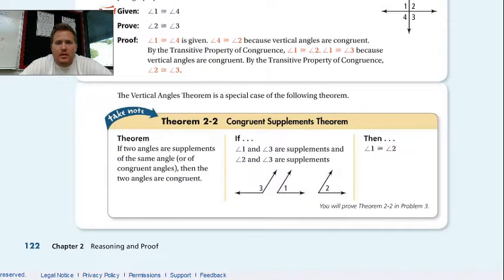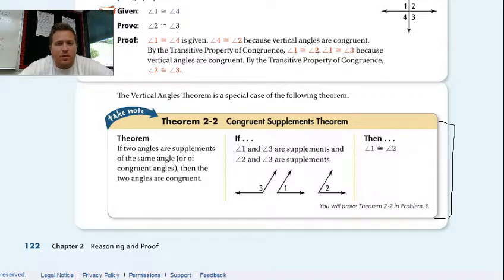Theorem number 2, you're going to write this box down. Theorem number 2 is the congruent supplements theorem. It says if two angles are supplements of the same angle or of congruent angles, then the two angles are congruent.